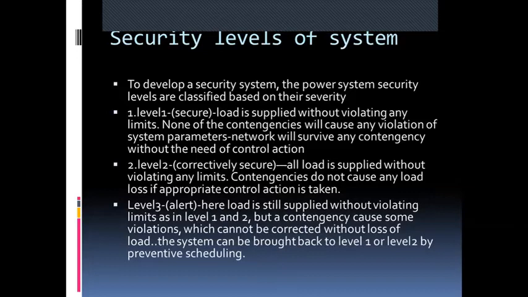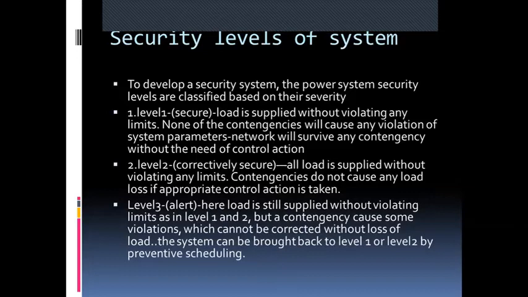In this case, contingencies do not cause any loss if appropriate control action is taken. Here the disturbance may be slightly more severe than in level 1, so to supply the load without violating the limits, you may have to take some control action.